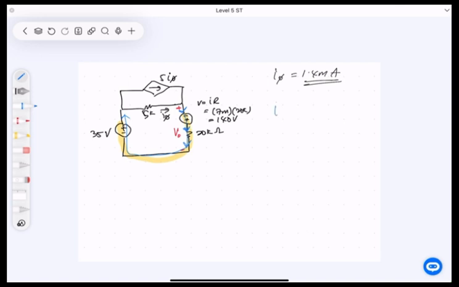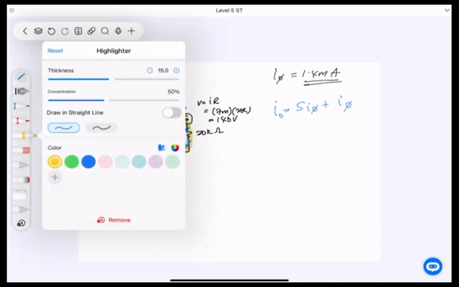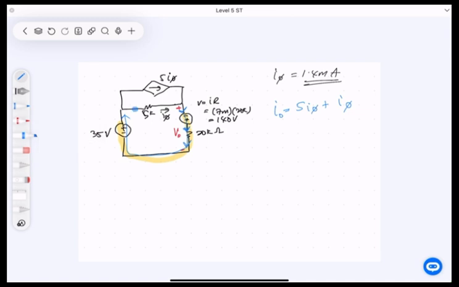Let me just call it I0, which equals 5 I5 plus I5. Do you see this? Let me just change the current. Oh, it's raining so heavily outside. So the current here will enter and leave the yellow one.